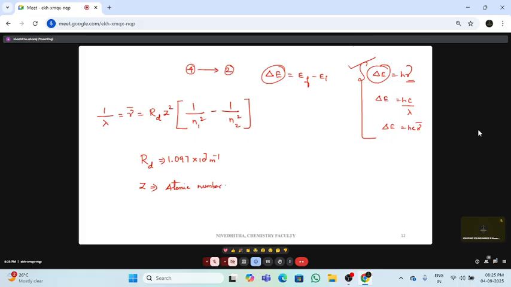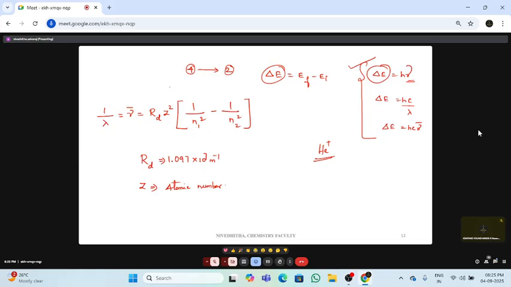Though the atomic number of hydrogen is 1, we should not neglect the term Z here, because they may give you data regarding helium plus also. Helium plus is also a single electron system where you can use this formula. But atomic number is not 1, it is 2. So we have to substitute the value of atomic number here. So whenever you are memorizing the formula, please memorize it along with the atomic number.